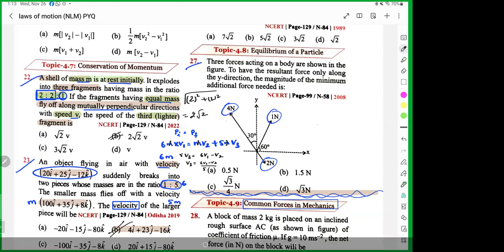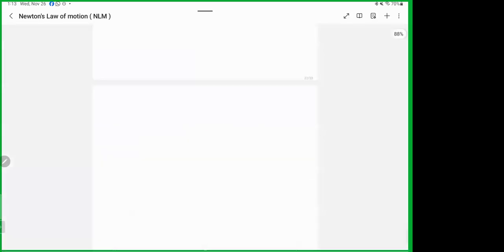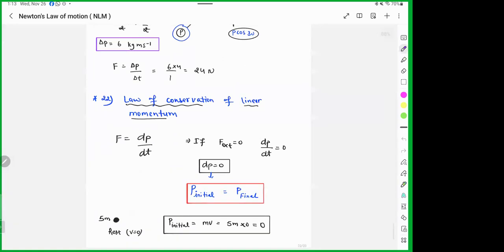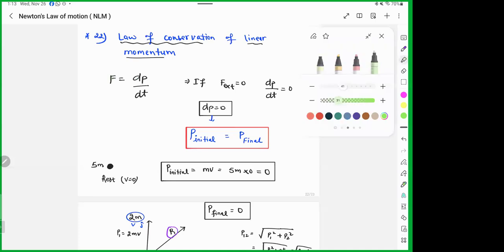But if you want to know it logically how this happened, then you have to follow this routine: linear momentum by time.